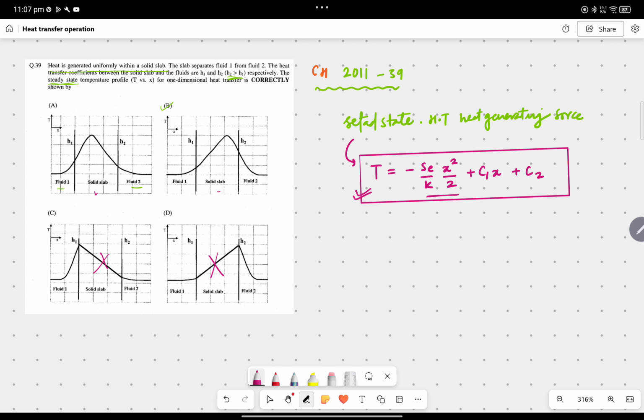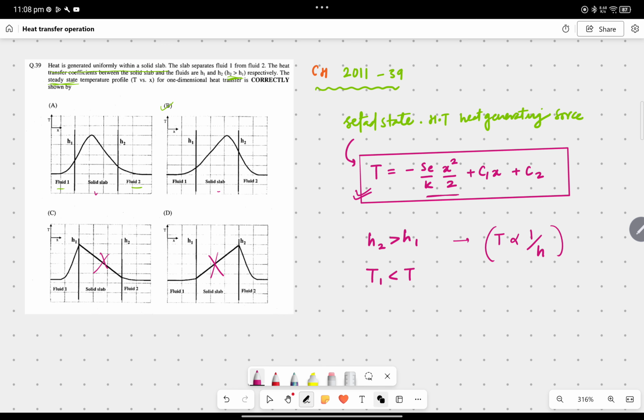So now let's read the second part: H2 is greater than H1. What this means is, as we know from Newton's law of cooling, that temperature is inversely proportional to the heat transfer coefficient. So if H1 is less than H2, then T1 is greater than T2.